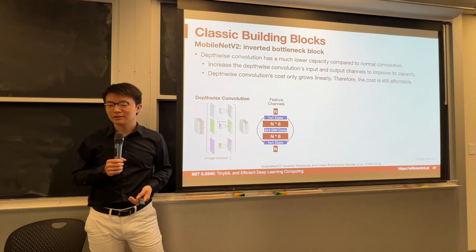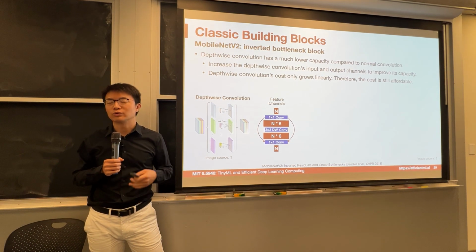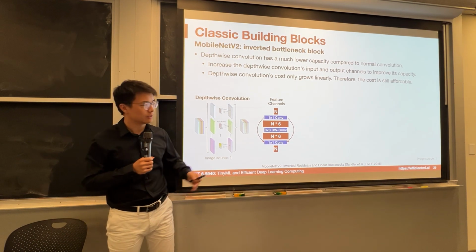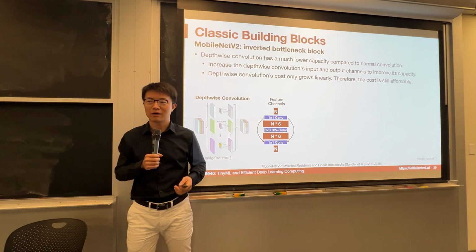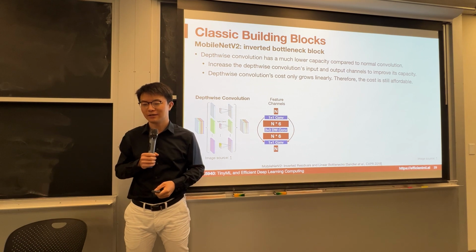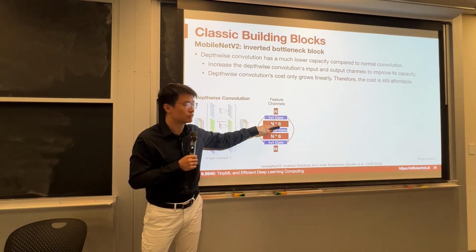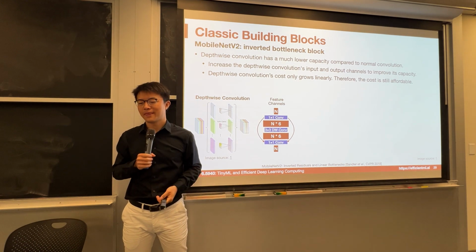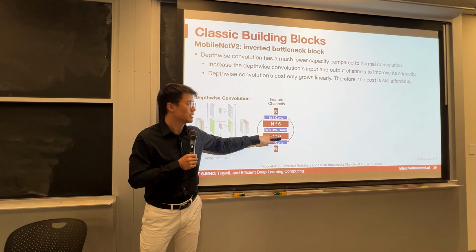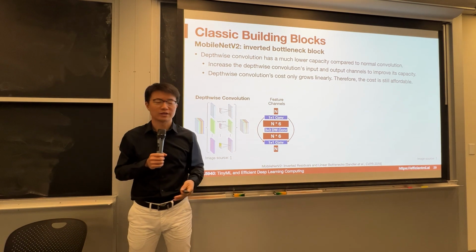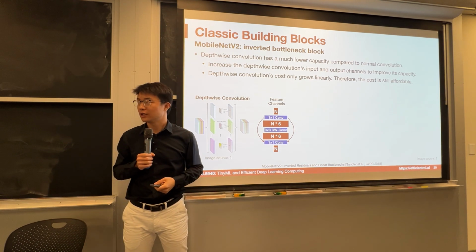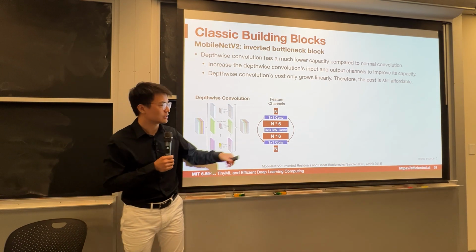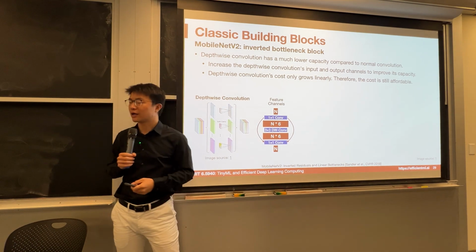You lose one dimension, so we use this inverted bottleneck to enlarge the number of channels so that we can compensate for the loss of model capacity. That's why here we are projecting from n to 6n before this depth-wise convolution. The depth-wise convolution preserves the number of channels, so it is still 6n after that. And finally, we use another 1x1 convolution that projects the number of channels from 6n back to n channels.